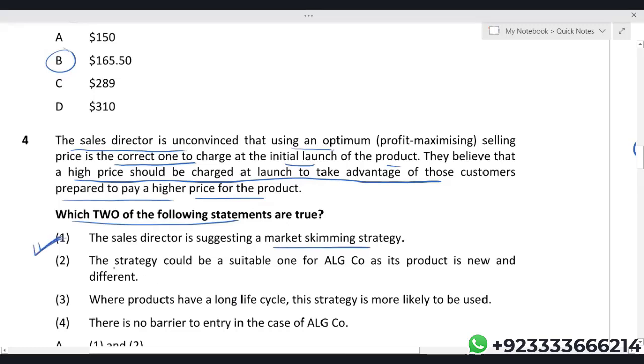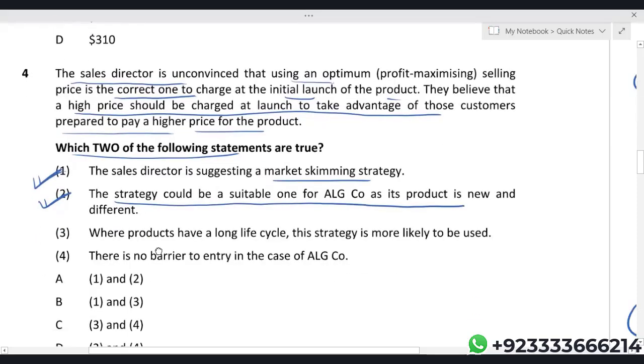Yes. The strategy could be a suitable one for ALG company as its product is new and different. Yes. Where the products have a long life? No. It is in fact written that the product has a short life. And in long life, price penetration is suitable rather than skimming.